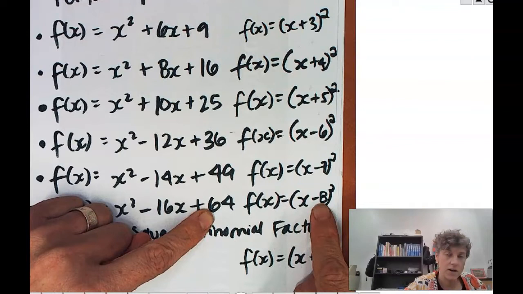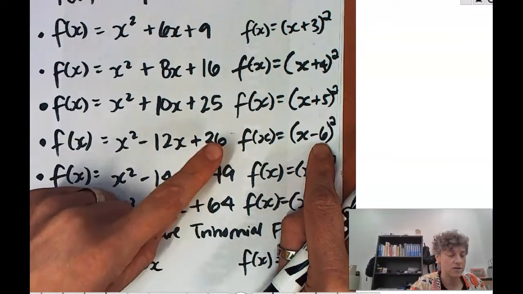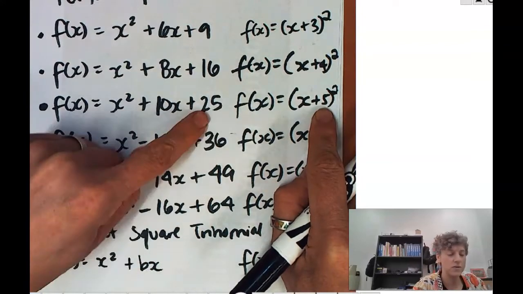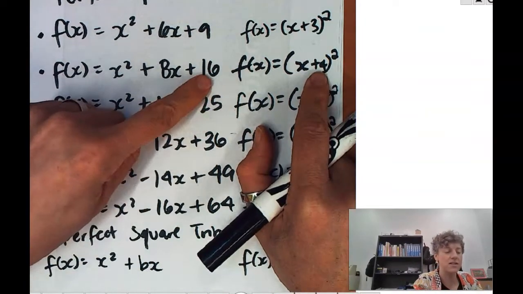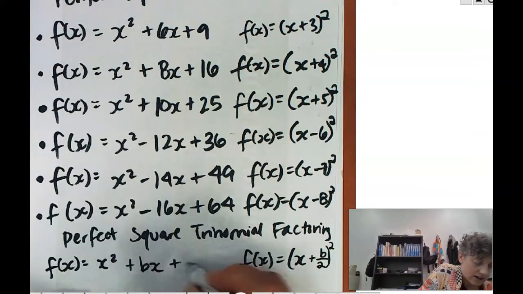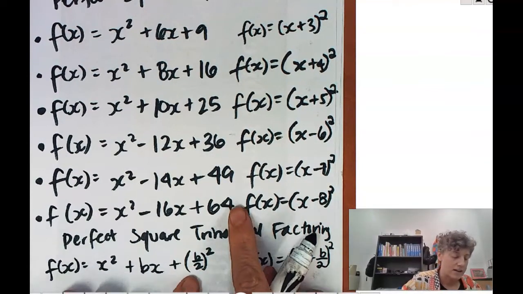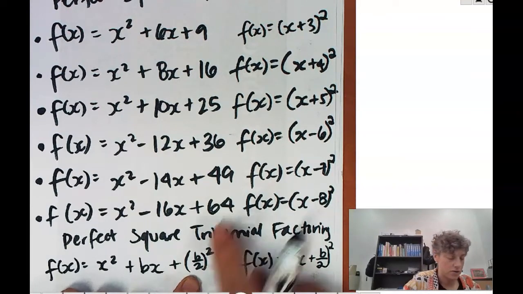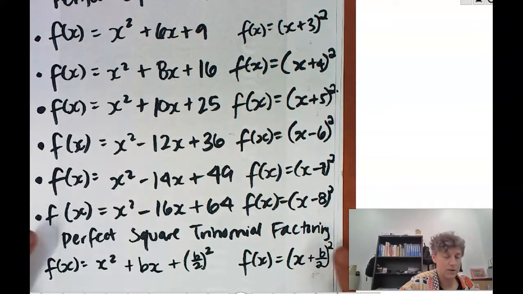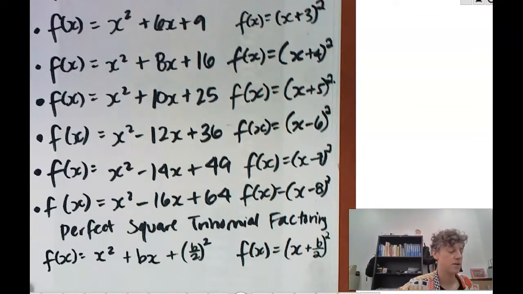So negative 8 squared is 64. Negative 7 squared is 49. Negative 6 squared is 36. Positive 5 squared is 25. Positive 4 squared is 16. Positive 3 squared is 9. So whatever that factored term here, that b divided by 2 term squared, that is our last and final term in a perfect square trinomial.